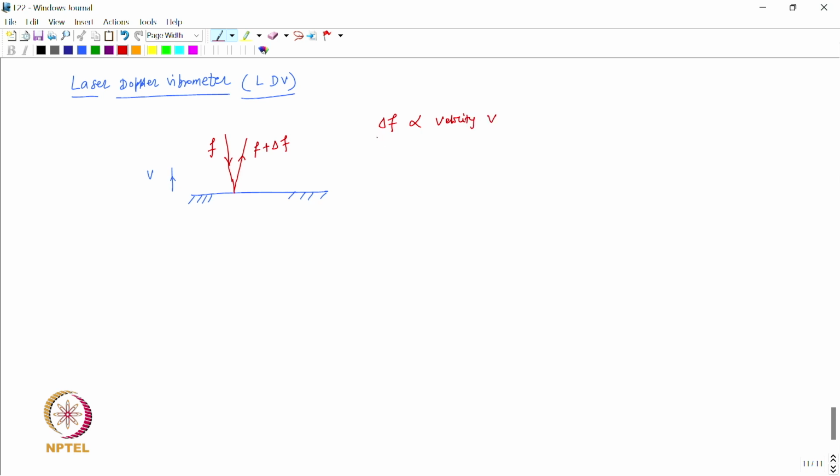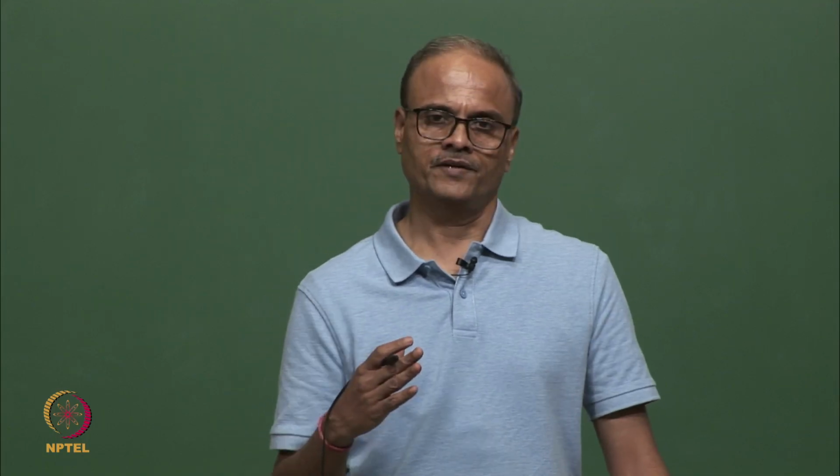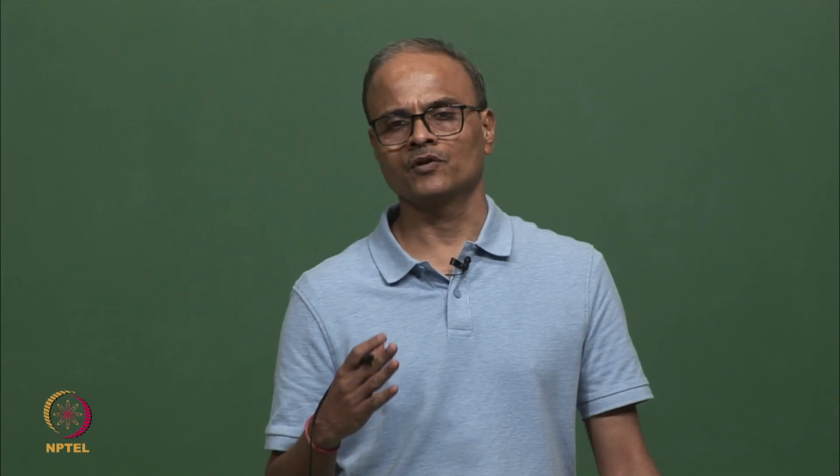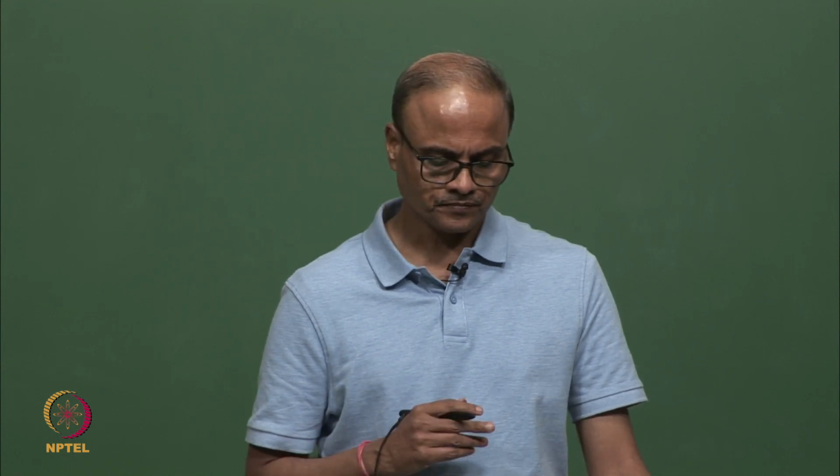This delta f is referred to as the Doppler shift. Therefore, if the Doppler shift can be measured, then the velocity of the surface can be estimated, and the velocity we get will be the component in the direction of the incident light.